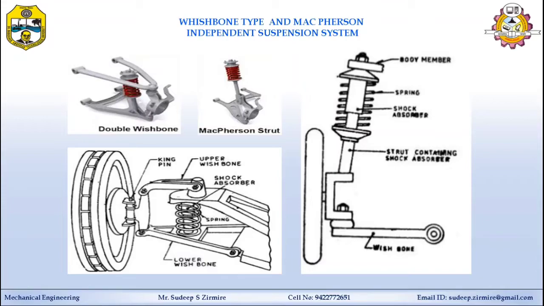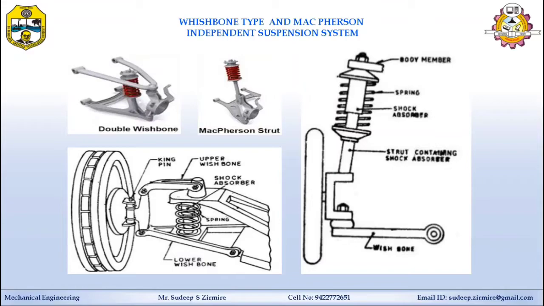And second, in the case of independent suspension, unsprung weight is reduced, which ultimately increases the tire life and reduces the tire scrub. Third point, it uses a softer spring, which reduces the rolling effect and increases the ride comfort.